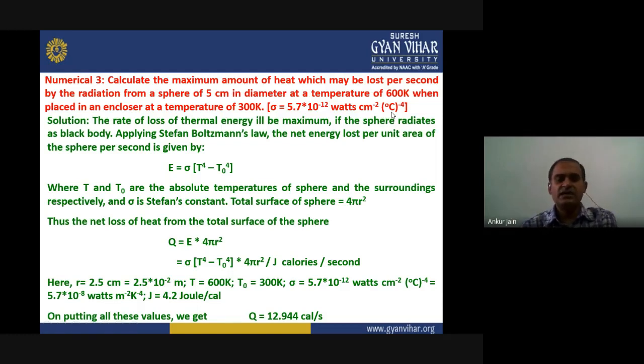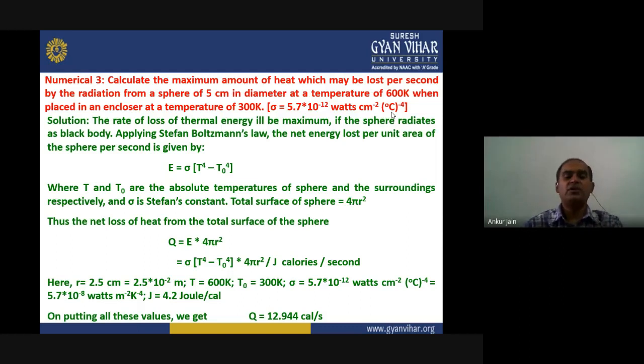Now if we convert it into MKS unit, we get 5.7 × 10^-8 watts per meter square Kelvin to the power 4. And the value of J we already know, that is 4.2 joule per calorie, right?